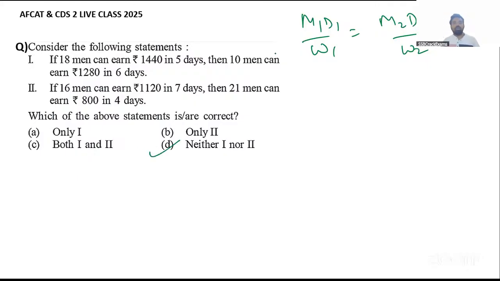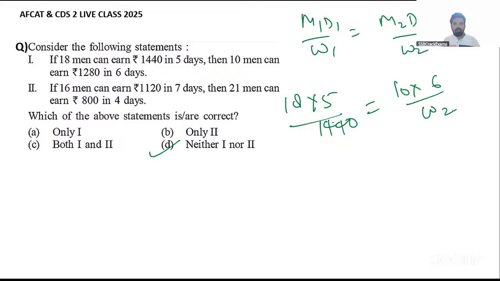So 18 men, and days are 5, and it is 144 is equal to 10 into 6 upon W2. We do not know the work. So when you calculate W2 from here, it will be 960, if I am not wrong.